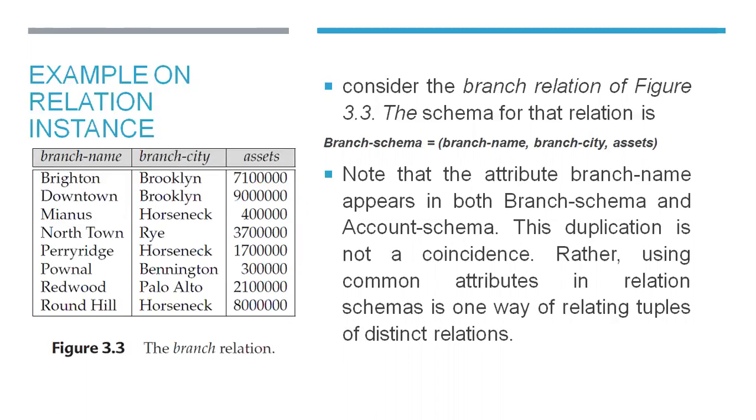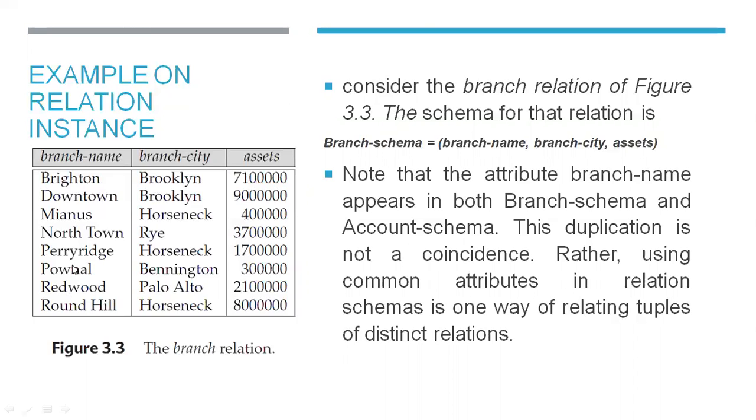Consider the branch relation of figure 3.3. The schema for the relation is Branch schema equal to branch name, branch city, and assets. Note that the attribute branch name appears in both Branch schema and Account schema. This duplication is not a coincidence. Rather, using common attributes in relation schemas is one way of relating tuples of distinct relations.